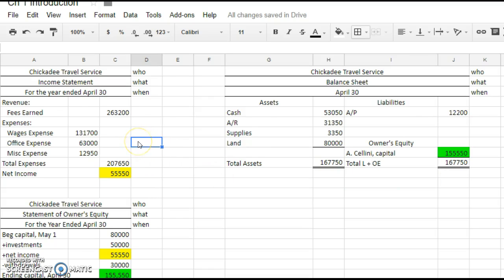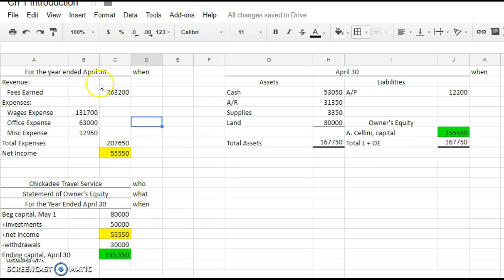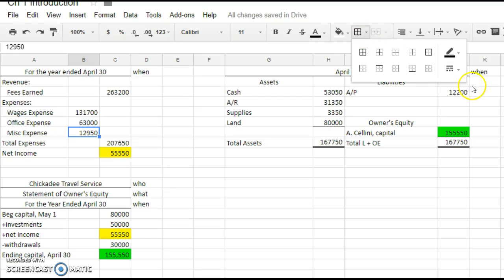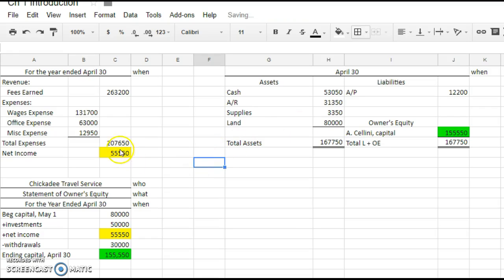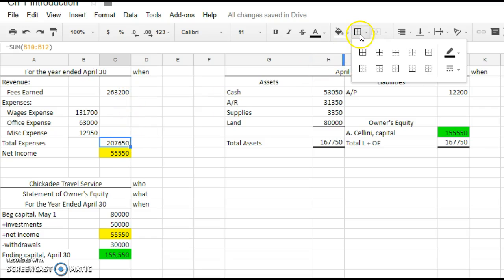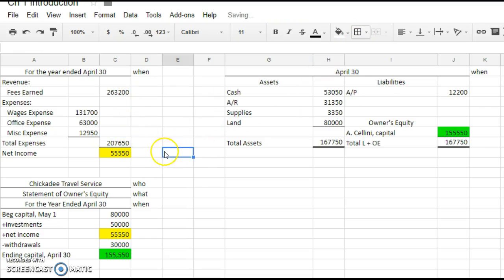So I'm just going to step back here because I forgot to show you how to do that over here. The single line should be here since we're doing something with these numbers. We're adding them up. So I do need the single line. And then these two, I'm going to do something with them, so I do need a single line. And then I'm finally done. I'm not going to do anything else with net income.